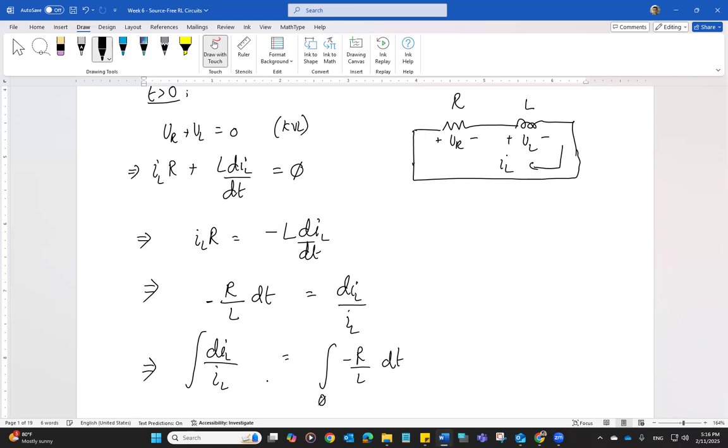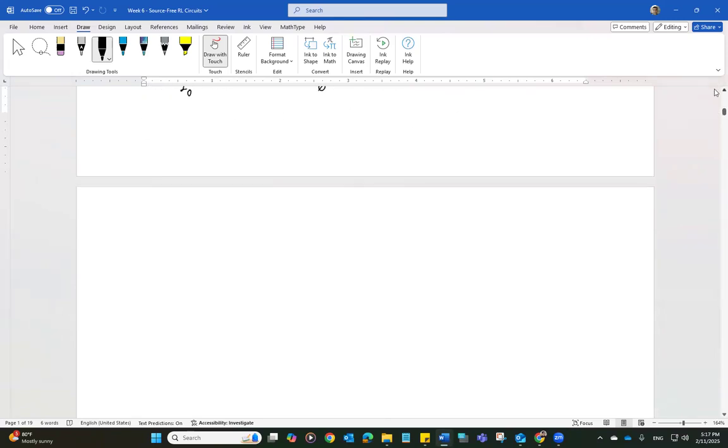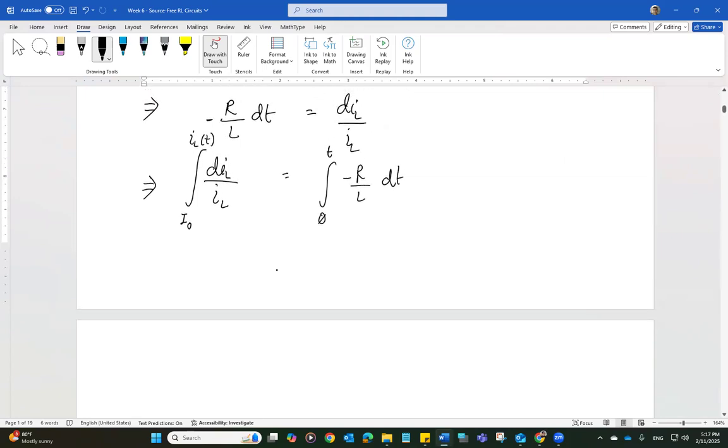At t is equal to 0, we assume our initial value of the inductor current is I naught, and at t is equal to time t, our inductor current is IL(t). So we solve this integral. The integral of dx over x is the natural log of x. The natural log of IL(t) over I naught will simply be negative R over L times t.